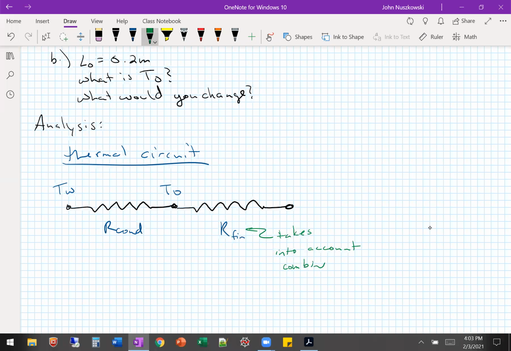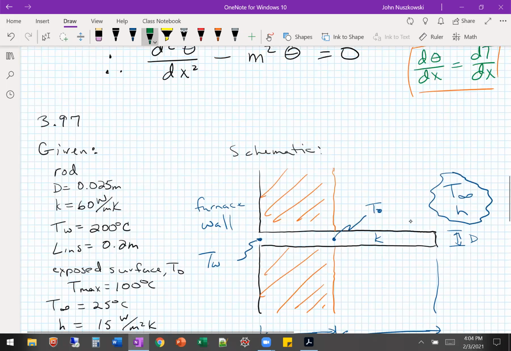So this already takes into account the combined conduction and convection. We can't look at a fin as two separate resistors, because it isn't resisting conduction here and then there's a different temperature here that has convection.